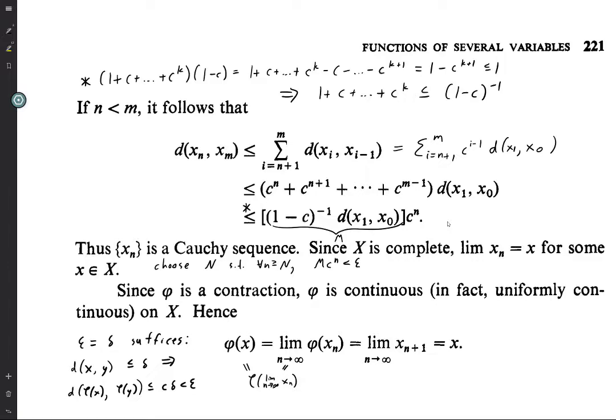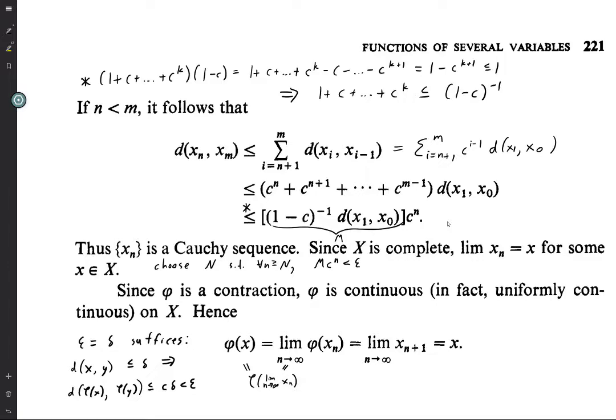And this, we're claiming here, is less than or equal to 1 divided by 1 minus c. That's not immediately obvious, but since that's the inequality they're claiming, let's verify that it's actually true.